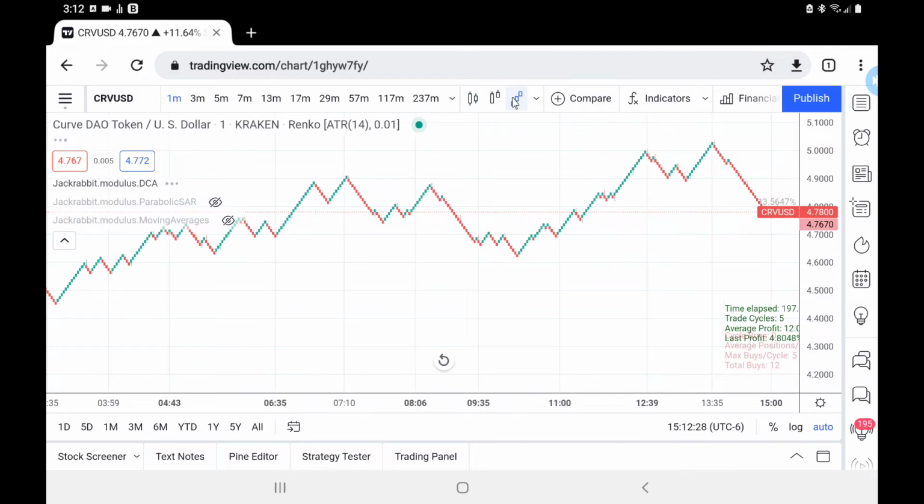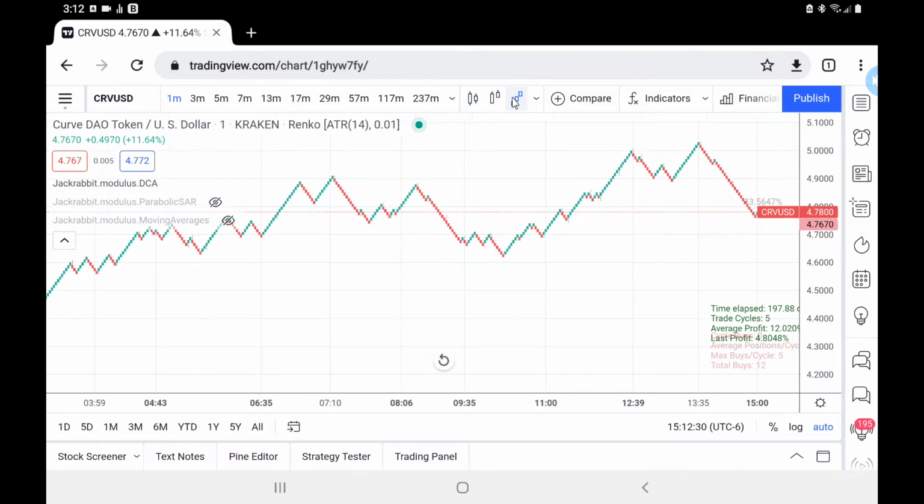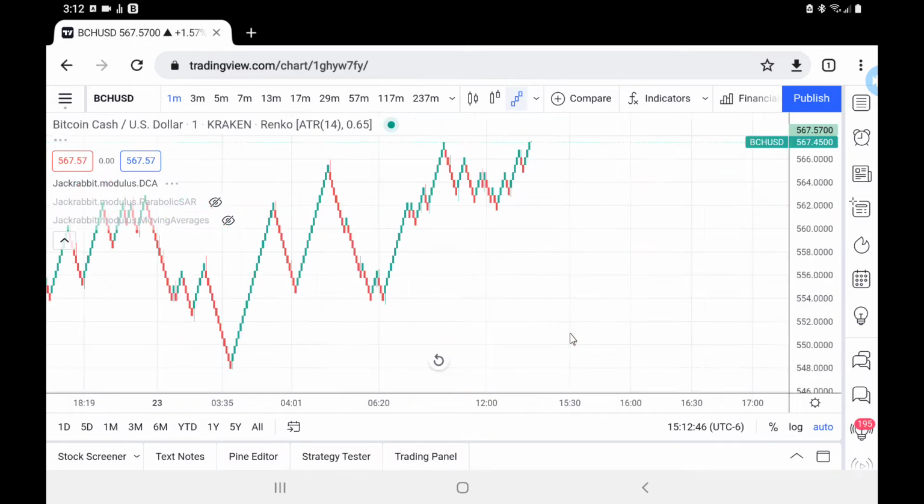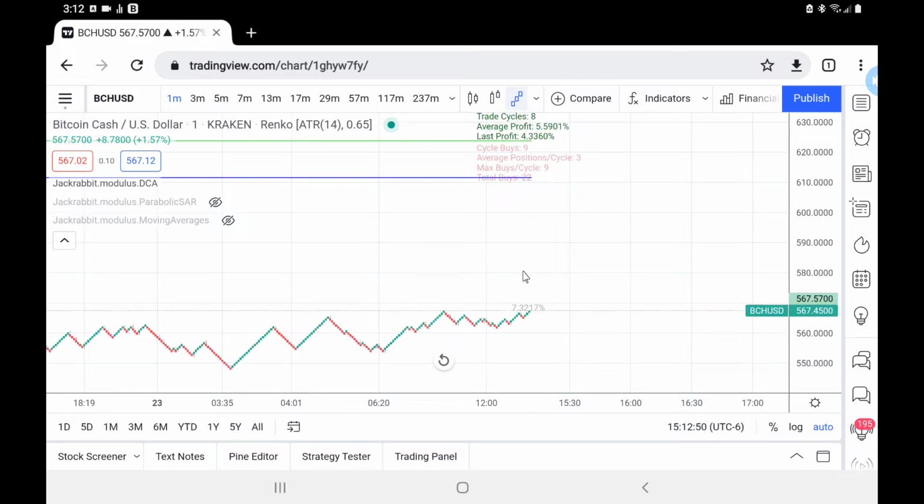Renko tends to give you more profits than you will likely see on a regular chart. So even though you have smaller time frames, your charting can show different combinations in ways that can lead to better profits. For example, 5% profit on Renko.